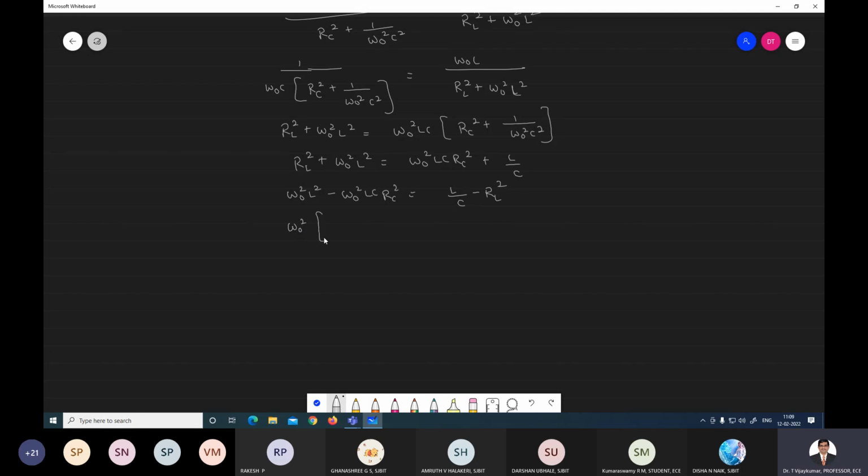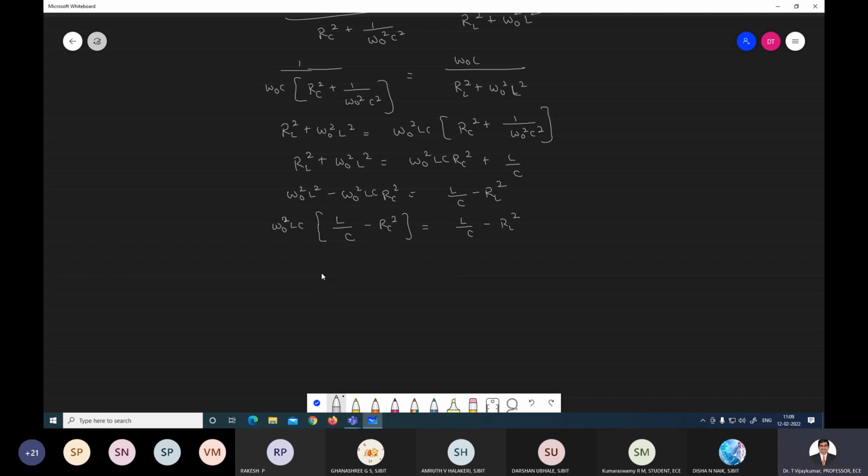Then in the first term we'll get L by C, next we'll get Rc square, that is equal to L by C minus RL square.